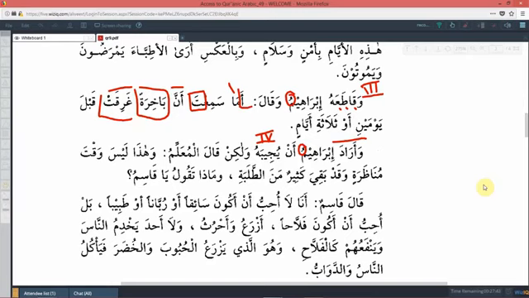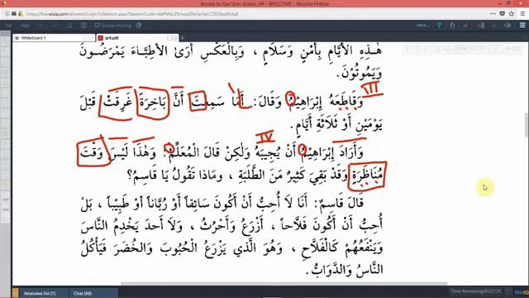The muallim, the fa'il, he said. وهذا ليس وقت مناظرة. وهذا, and this, ليس, is not, وقت, the time, مناظرة, of debate. This is not the time of debate.